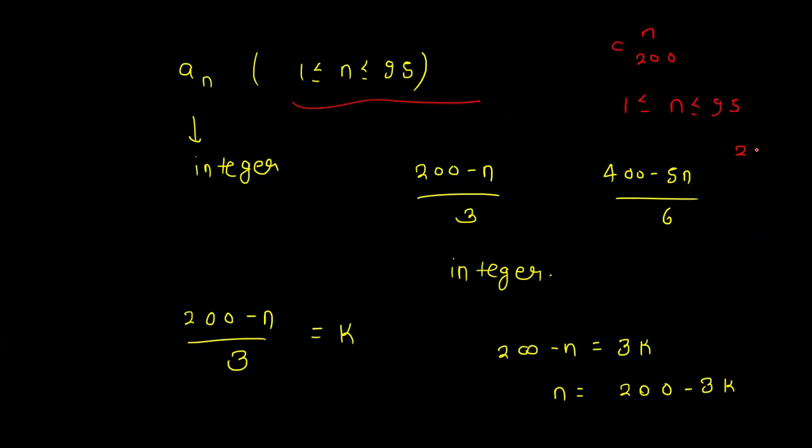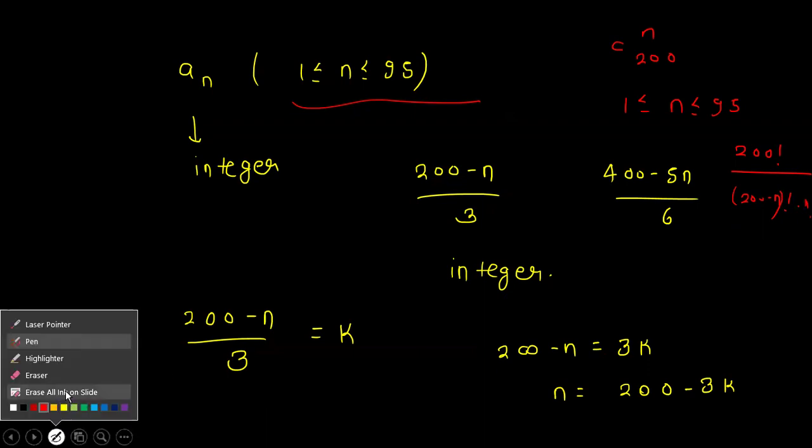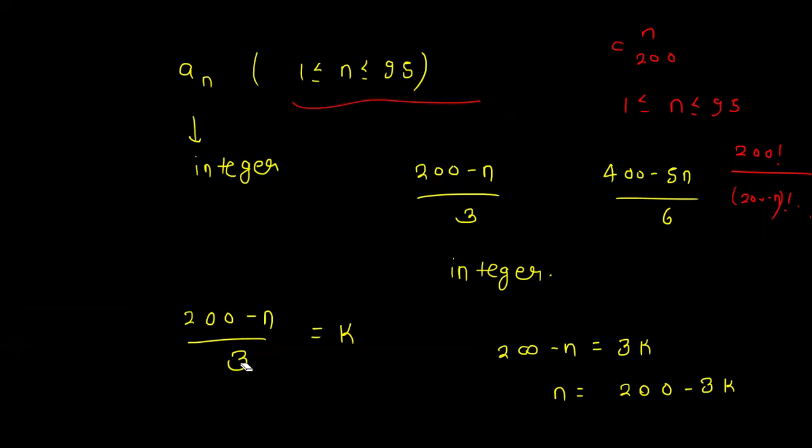This opens as 200 factorial divided by (200 minus n) factorial multiplied by n factorial, and this will always be an integer, because it represents the number of ways of choosing n things out of 200 things.